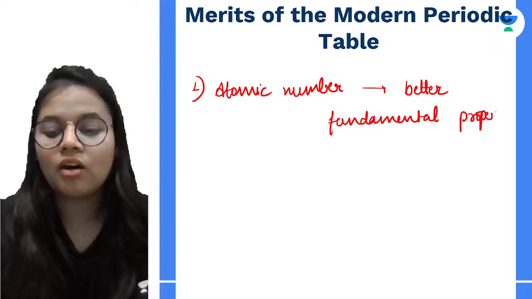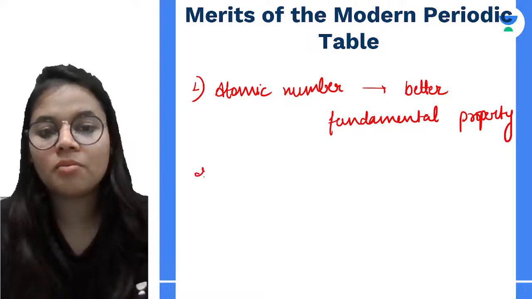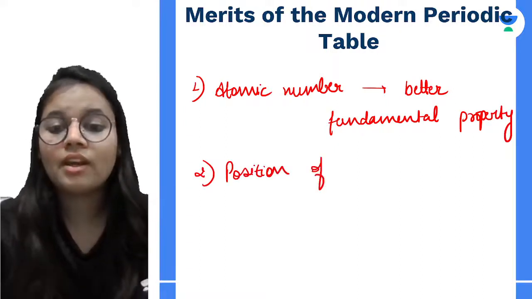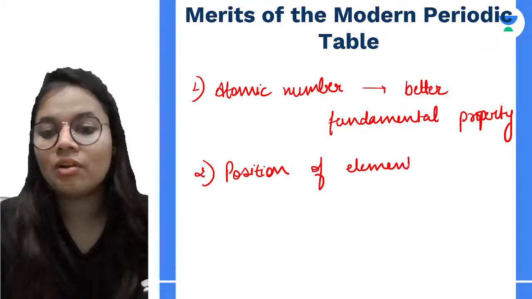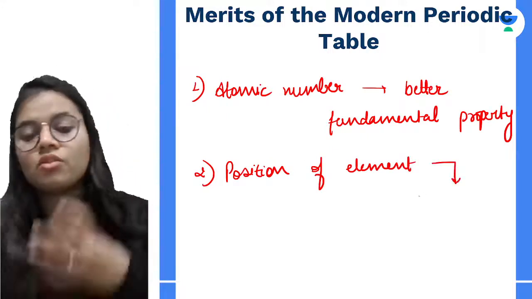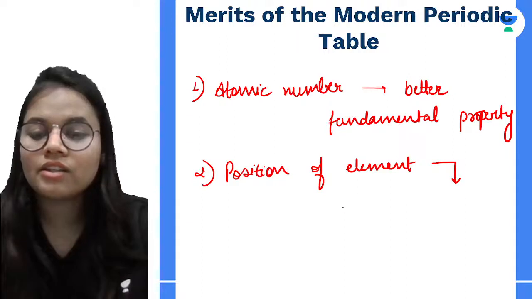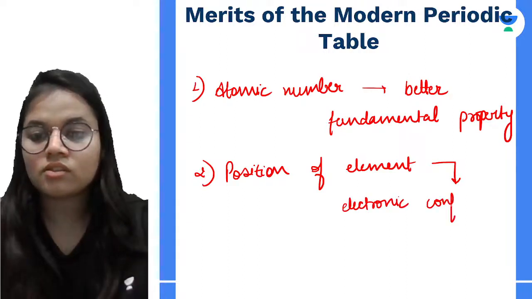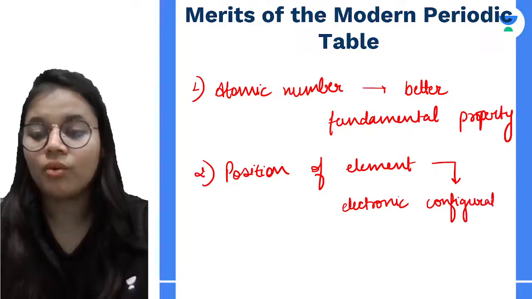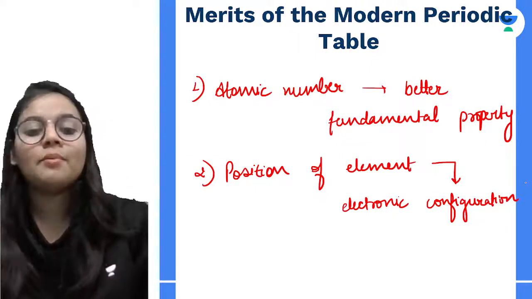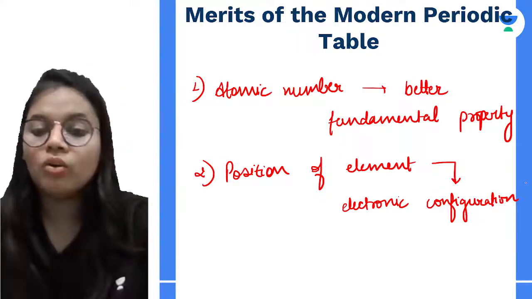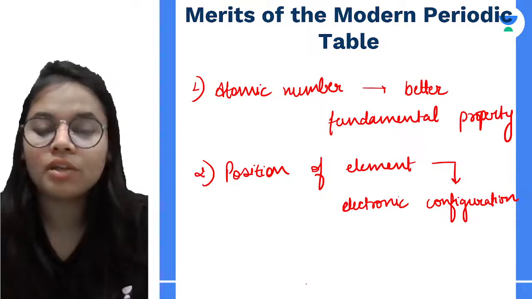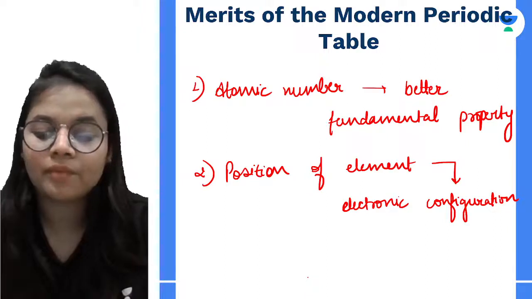Now, the position of any element is not without reason. It is related to the electronic configuration. Where any element would be placed, we can know by knowing the electronic configuration of that particular element.